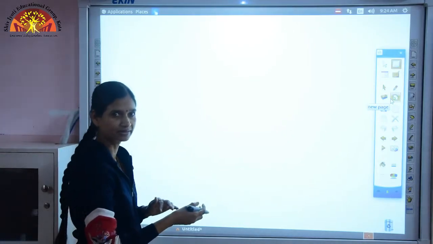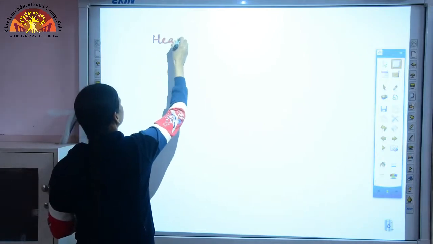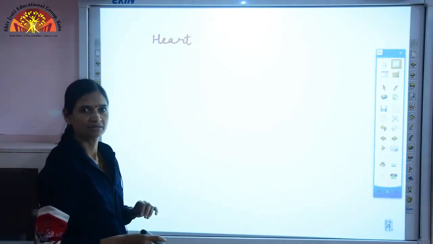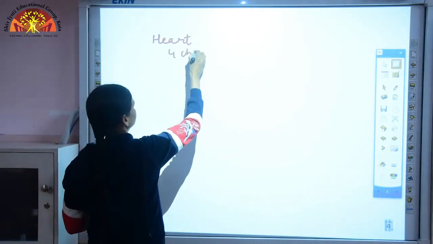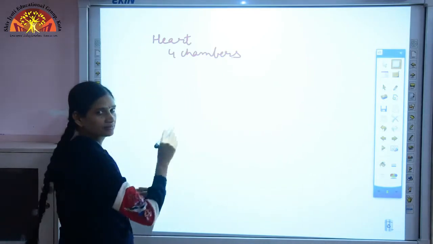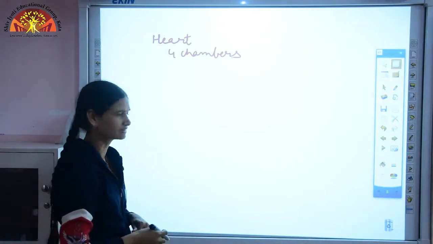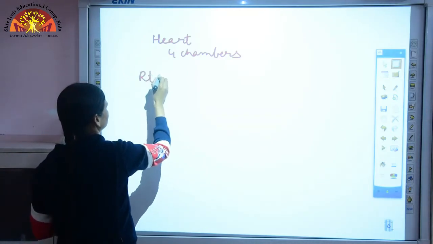The mammalian heart contains 4 chambers, 2 upper atria and lower 2 ventricles. So suppose we start from the right atria.